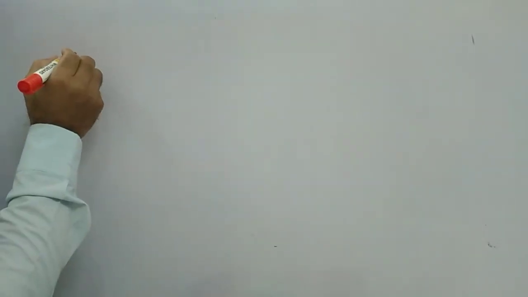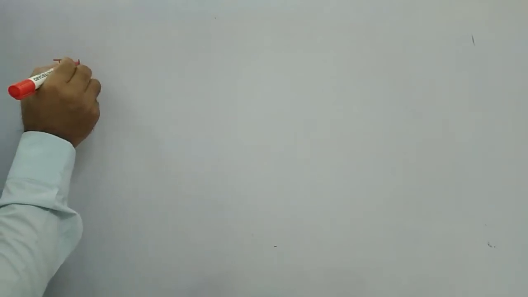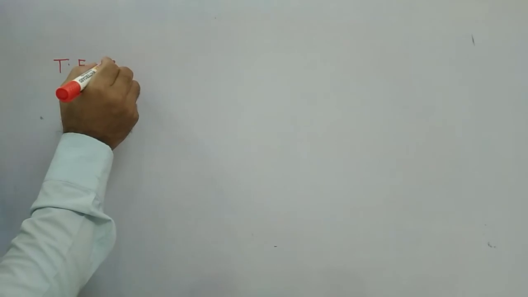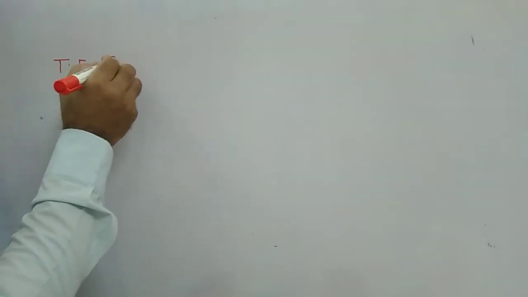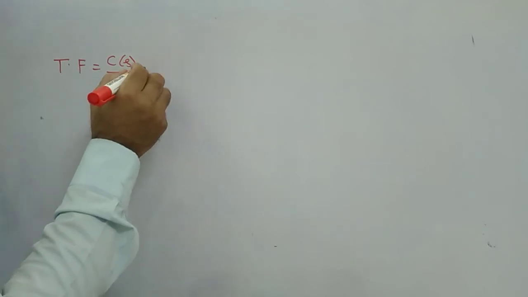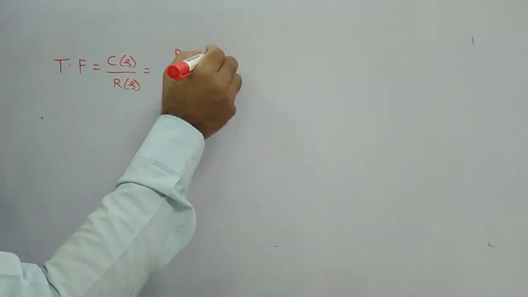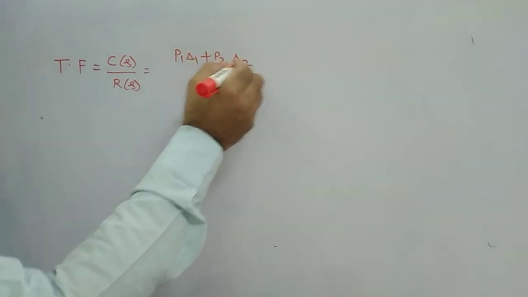So finally, if you substitute in the final step, your transfer function becomes like this. The transfer function is C of S by R of S, which is equal to P1 delta 1 plus P2 delta 2, divided by delta.